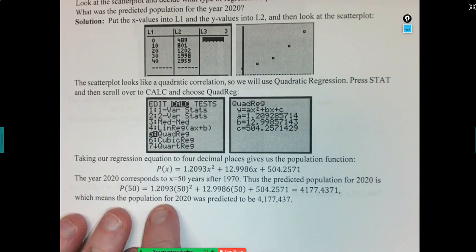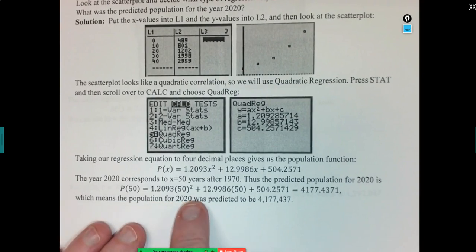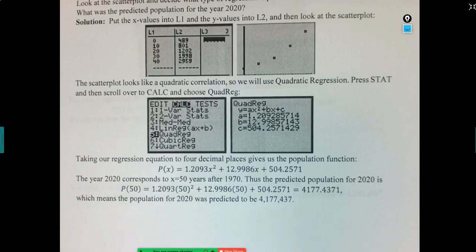So the population for 2020 was predicted to be 4,177,437. Sometimes they'll ask you what it was predicted to be to the nearest million. Well, to the nearest million, that would be 4 million. But if they don't tell you to round like that, just take it to the nearest integer.